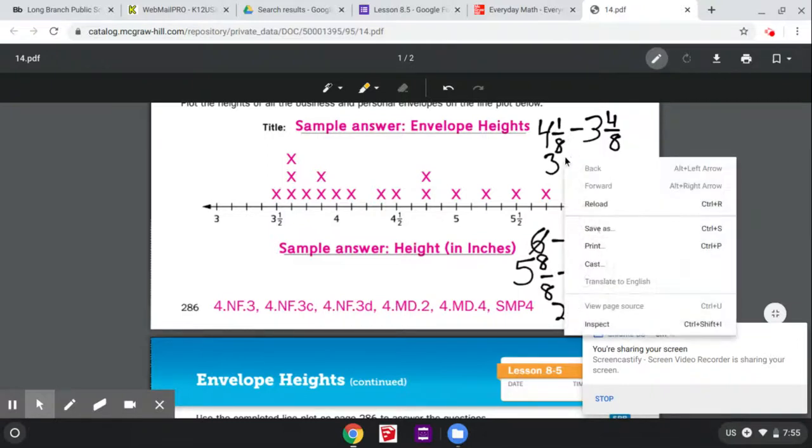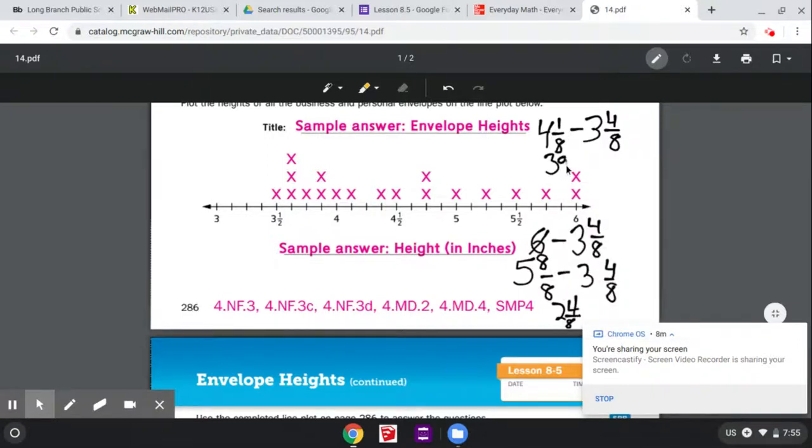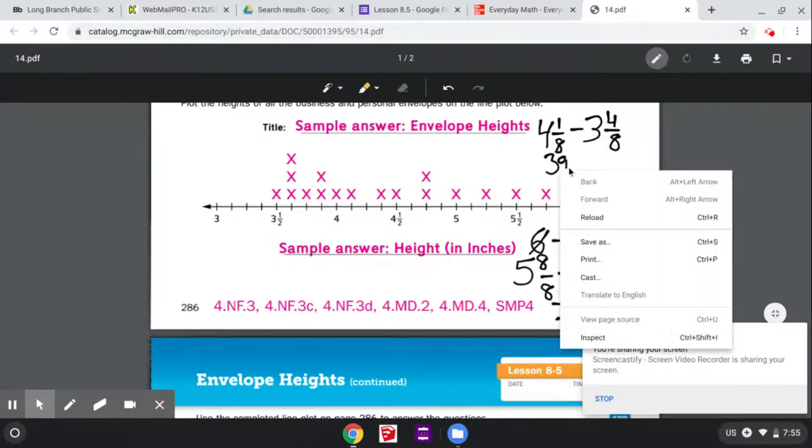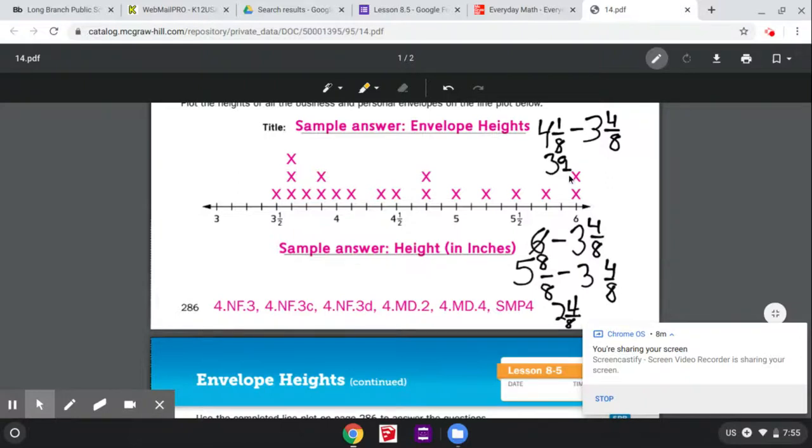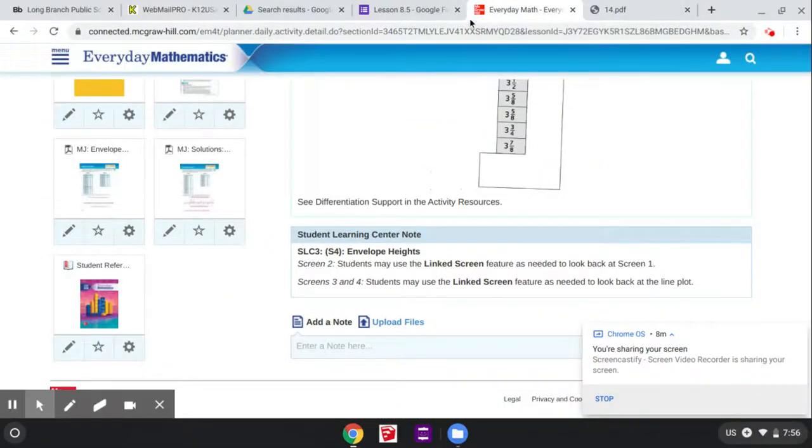So that becomes 3 and 9/8, minus 3 and 4/8. Okay, and then you subtract, and your answer is going to be 5/8.